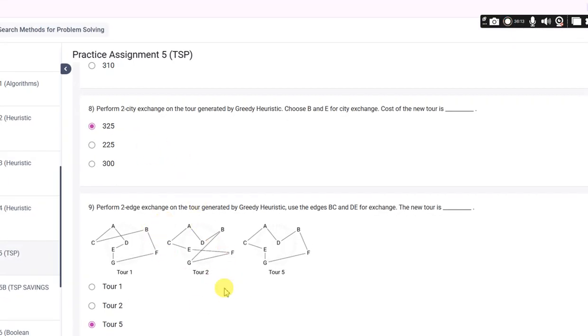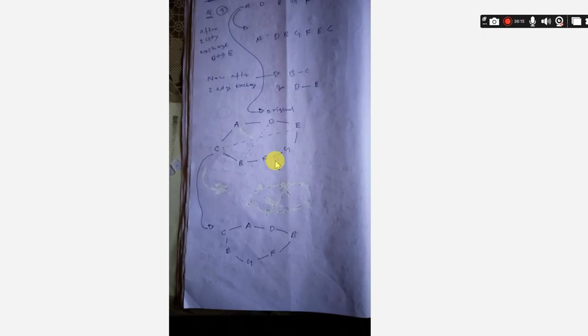Next, two edge exchange. Edge exchange is slightly different. If we need to interchange the edges BC and DE in the original graph, then the existing edges BC and DE will get cut off.